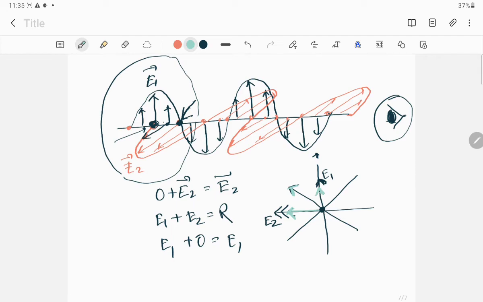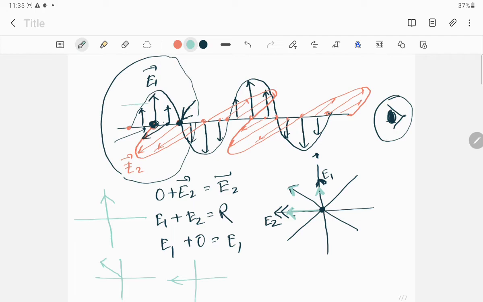You can see that initially we had the resultant in this direction, then in the second step in this direction, and in the third step in this direction.